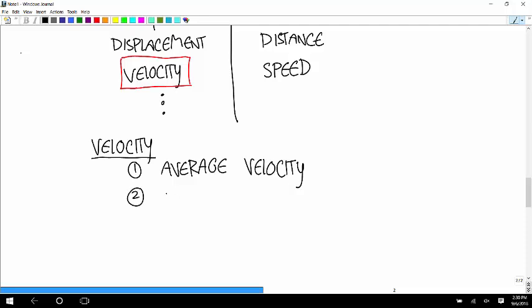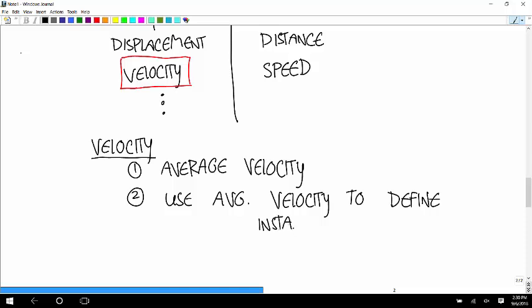And then we're going to use the idea of average velocity to define instantaneous velocity. And for the most part, instantaneous velocity is the only one of these two that we care about. The only reason that we're talking about average velocity to start is because to understand instantaneous velocity, you have to first understand average velocity.